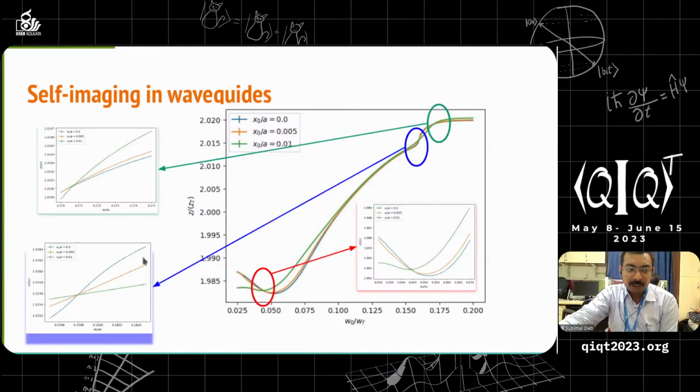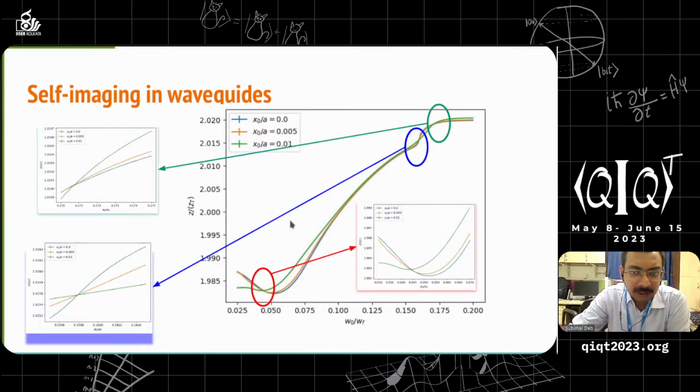But the region in blue, they cross exactly at the same point. And that is a very, very interesting and important result. So the self-imaging plane is very robust to the offset for a certain width of the Gaussian input.